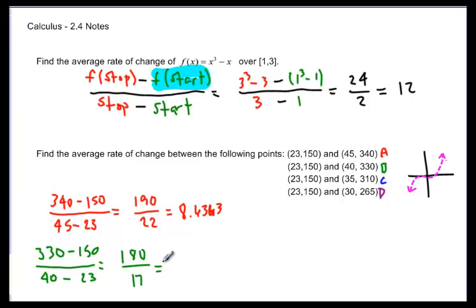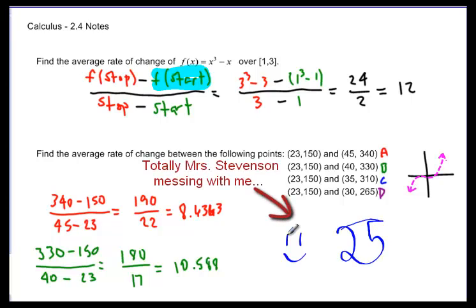And 180 divided by 17 is 10.588. And I'll let you work out the other two, C and D. Then go ahead and find a decimal answer for those and look and see exactly what values of slopes you get, and see if you approach any specific number at all.